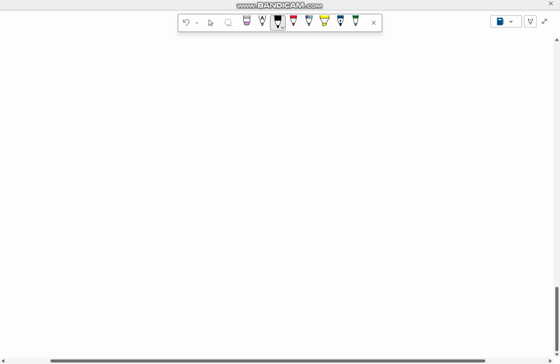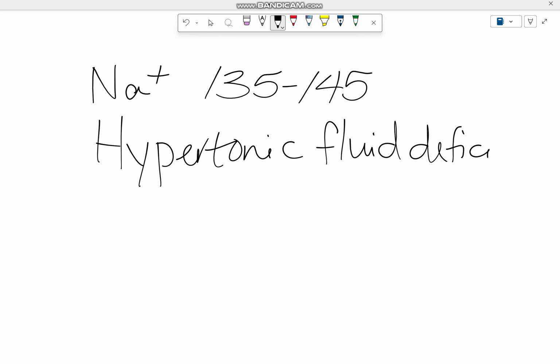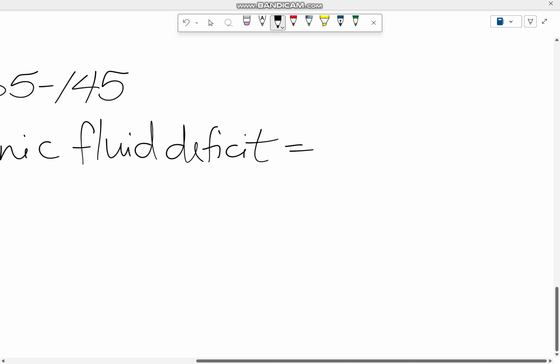So moving into electrolyte imbalances, there's a couple of key electrolytes it talks about. The first one is sodium. Your normal sodium levels are 135 to 145. The book ranges differ a little bit, but 135 to 145 is pretty standard. When you have a hypertonic fluid loss or fluid deficit, what that means is that you are losing water without a proportionate loss in sodium.